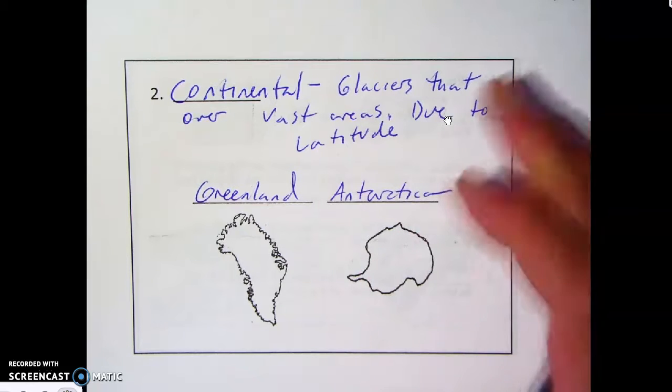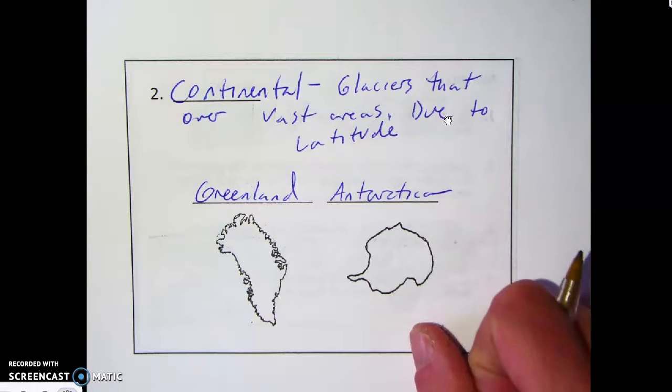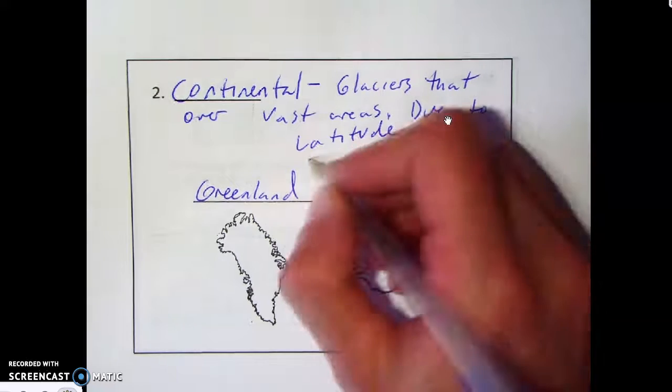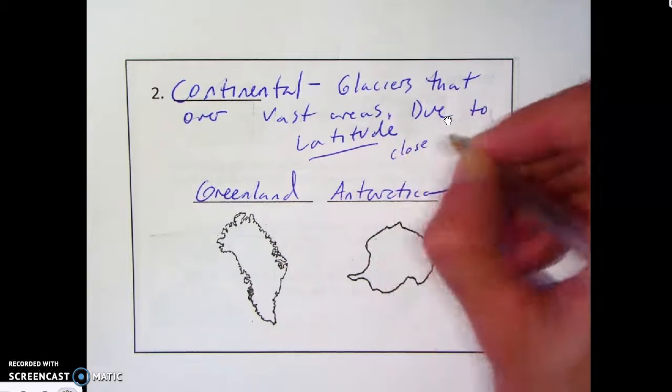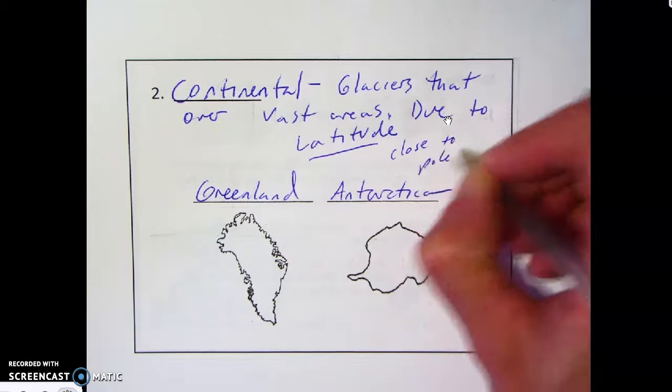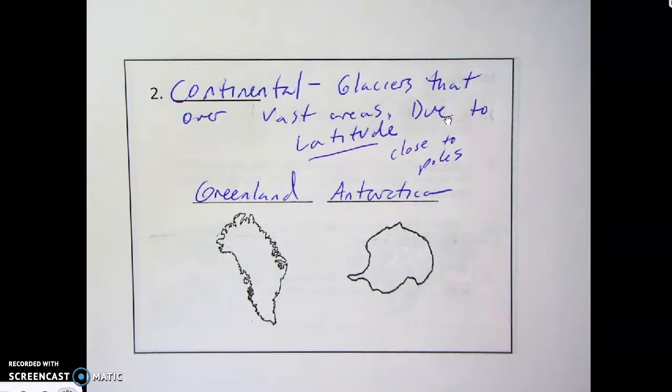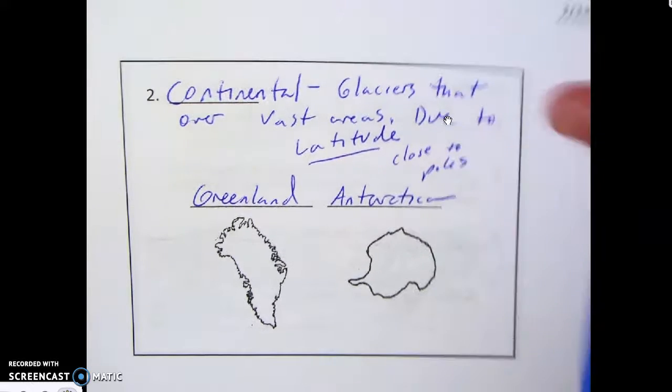These are areas that are cold due to latitude. They're close to poles. Right. So those are continental glaciers, much larger, and again due to latitude, just the fact that it gets colder as we get towards the poles, and that again is due to the curvature of Earth's surface. That affects the angle of insolation, the amount of light that areas get.